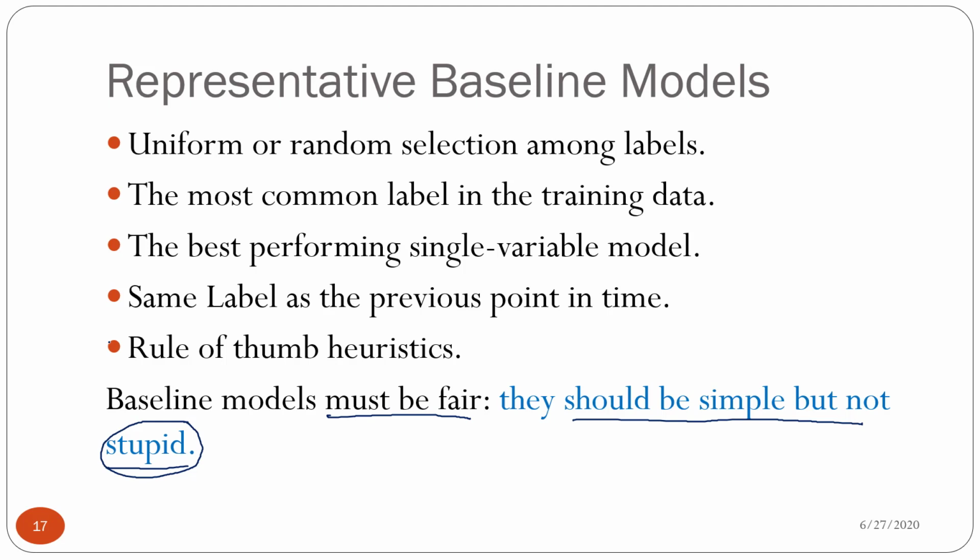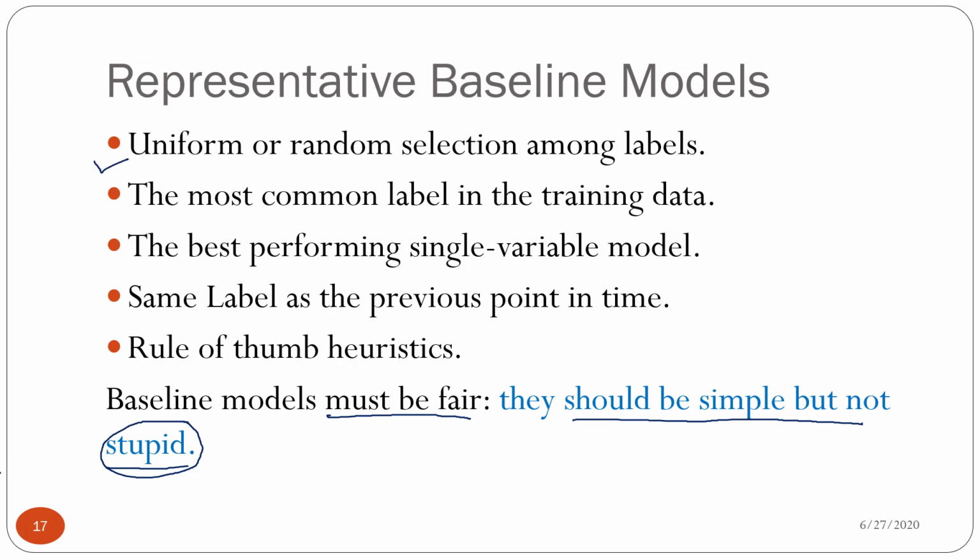That flipping of the coin becomes our baseline model, which says it will go up with 50% probability and go down with 50% probability. For this stock scenario, uniform random selection using a coin flip is good enough.